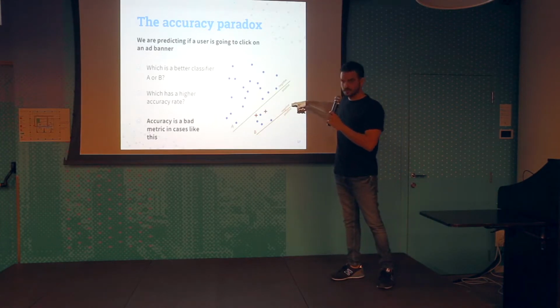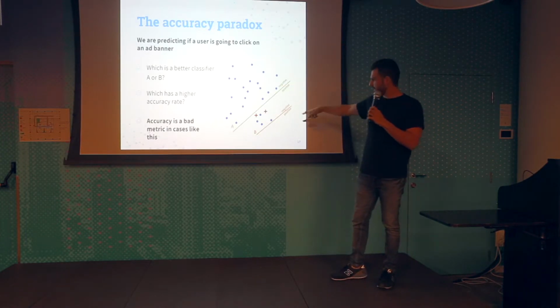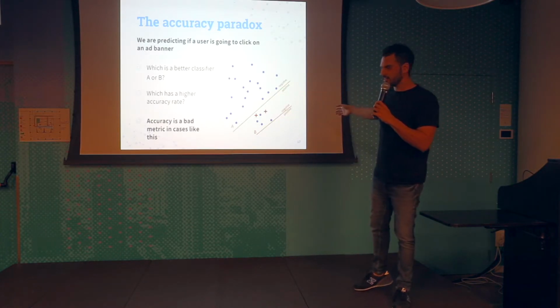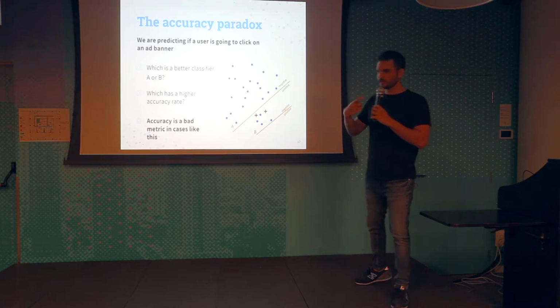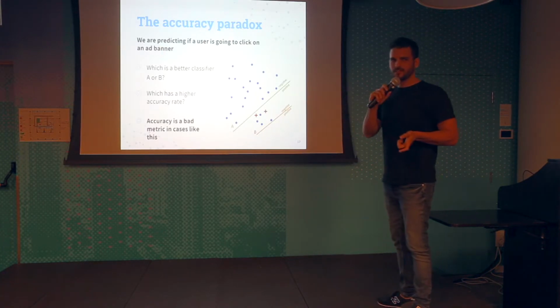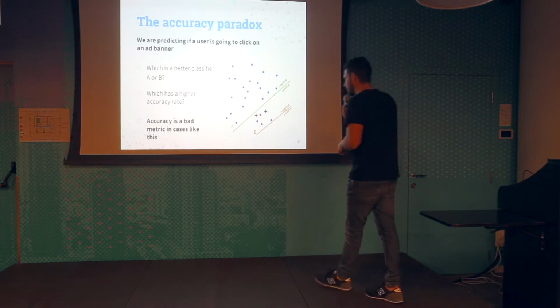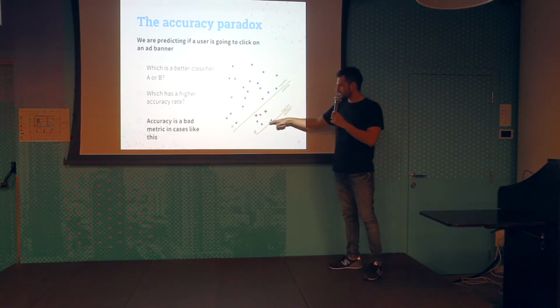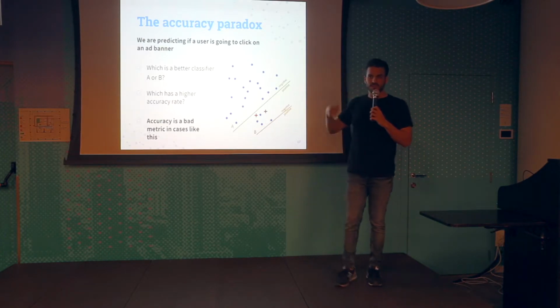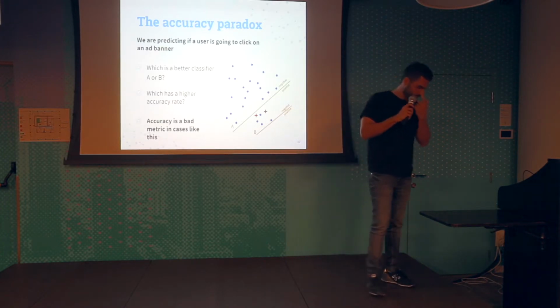B just returns negative all the time, right? Because left of the line it's negative, right of the line it's positive. But you're going to be surprised that B has a higher accuracy rate than A, right? Because A misclassifies 4 points and B only misclassifies 2. And this is why accuracy is not a good measure.